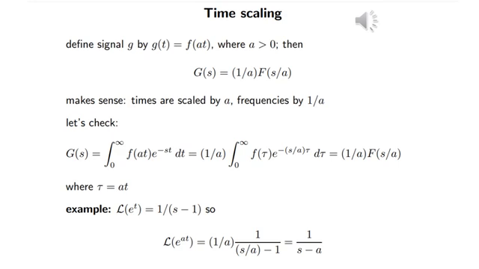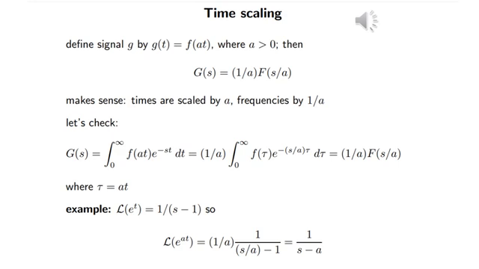If a is greater than 0, then time will be changing faster in g as compared to f. Then G(s) is equivalent to 1 over a times F(s divided by a). That makes sense. The time is scaled by alpha. Frequencies will be scaled by 1 over alpha.